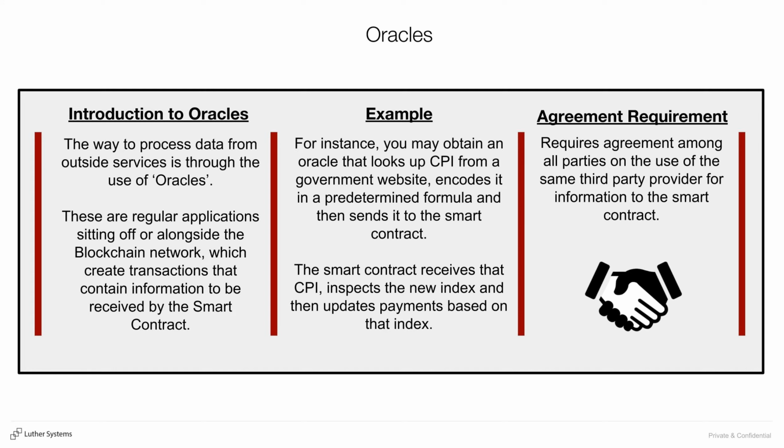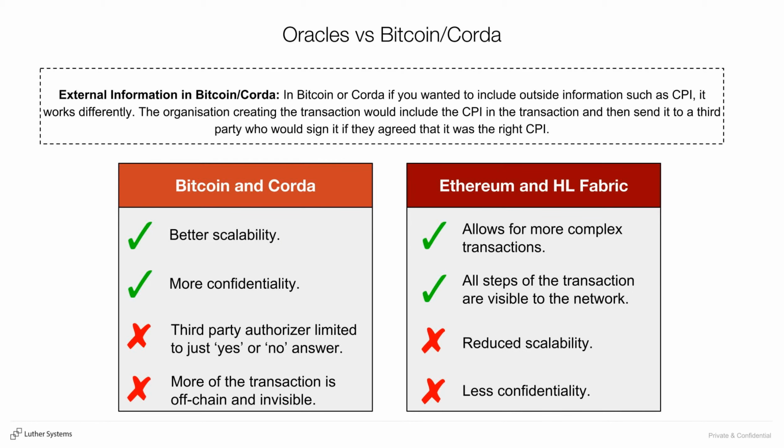Now, what I just described is where you have these oracles calling out and retrieving information and then taking that information and providing it to the smart contract. The smart contract's then processing it. That's very different than how Bitcoin and the Corda type of blockchain or distributed ledger technologies work.